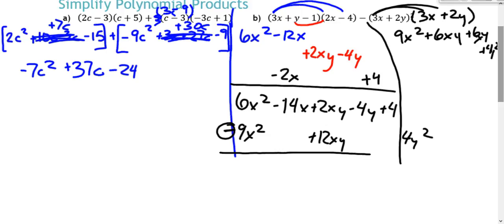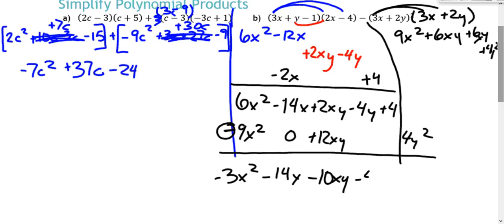So then when I subtract these, I should get negative 3x squared minus 14x minus 10xy minus 4y plus 4 minus 4y squared. You can set that up in any way that makes the most sense to you. Just go slow. Make sure you have all your factors. Use different colors if you need to. Just take your time.